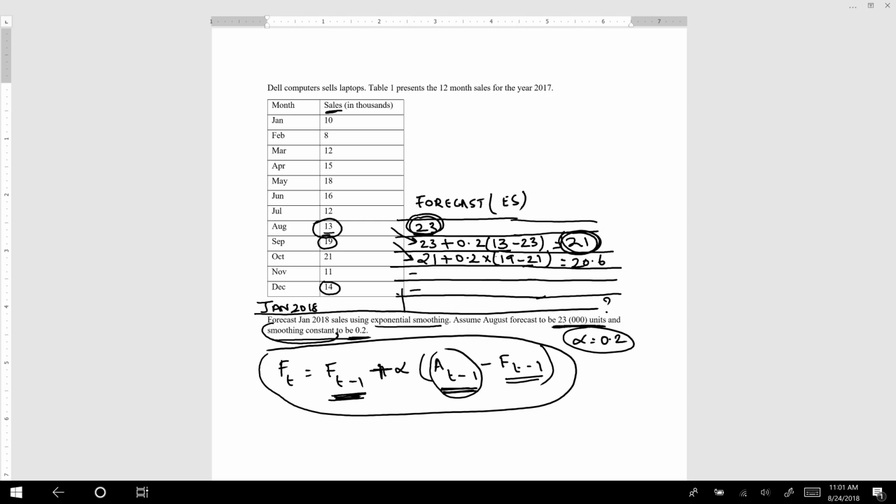Since we have October's forecasted value, we can do the same thing for November, which is F of t minus 1.